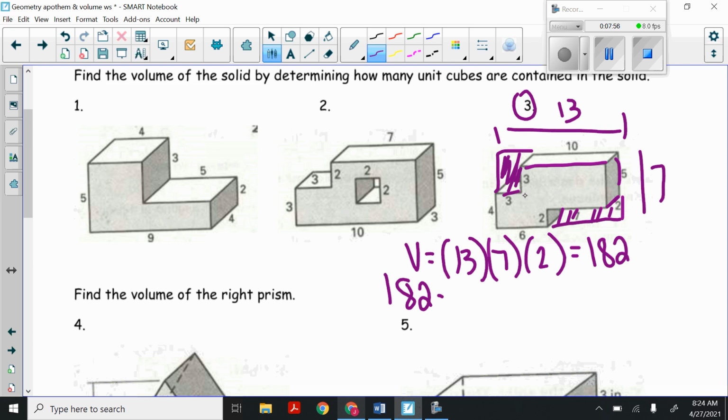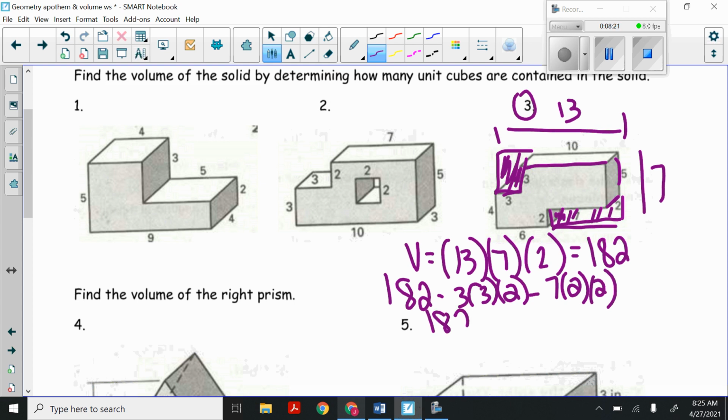So the volume of that, again, is length times width times height. So it is 3 times 3 times 2, minus, now we want this one, it's 7, 2 high and 2 deep, so 7 times 2 times 2.